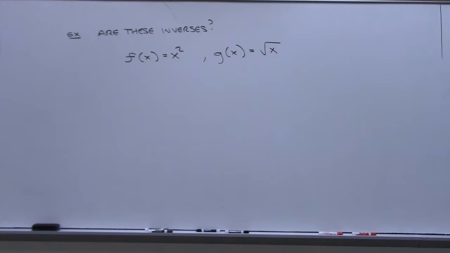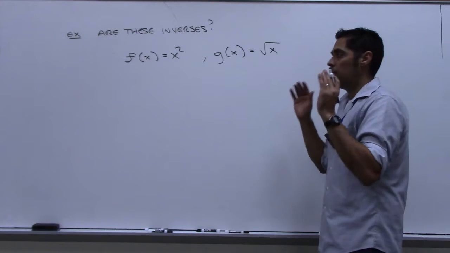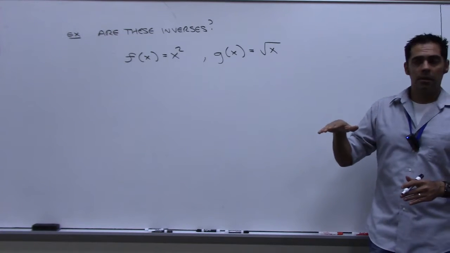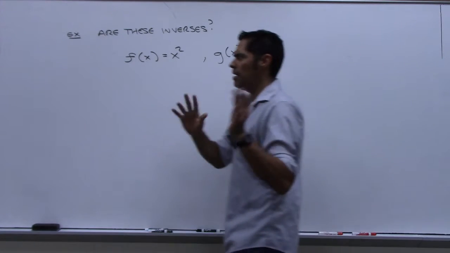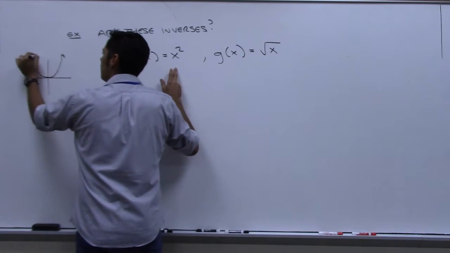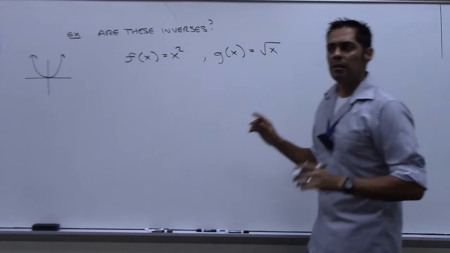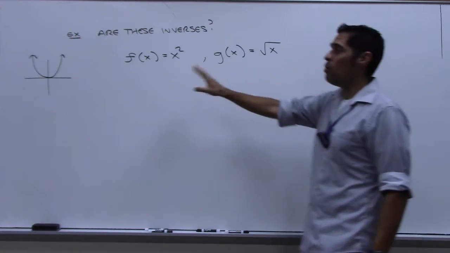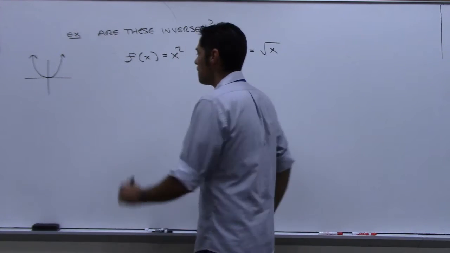Let's try and do this without anything other than checking the two things. There are two things we have to check. But we should already be thinking we had a problem with this earlier, didn't we? The x squared we said didn't have an inverse because it wasn't 1 to 1. Let's see if we run into that issue at all when we try and check this, keeping in the back of our mind that we know we should have a problem here.